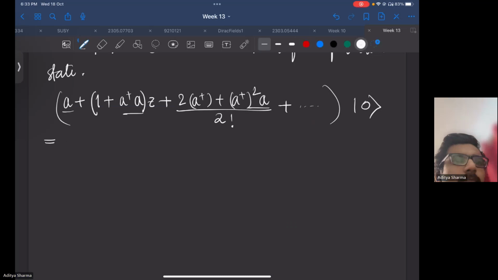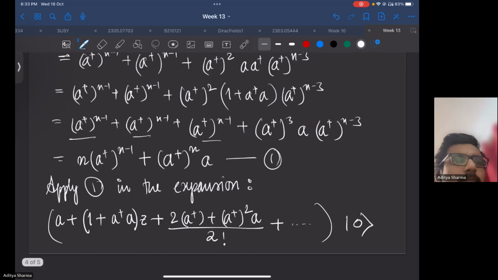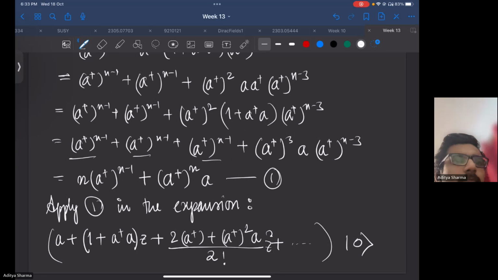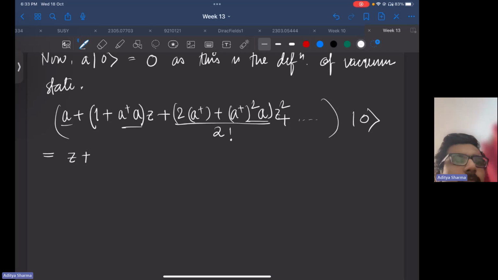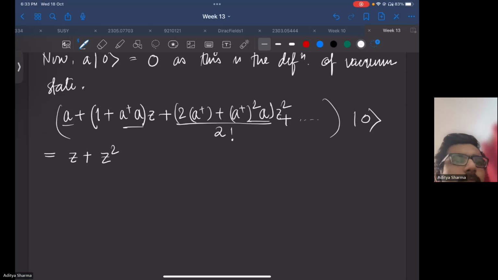that is z plus, this had a z square multiplied to it, plus z square plus z cube dagger cube by 3 factorial plus dot dot dot 0.